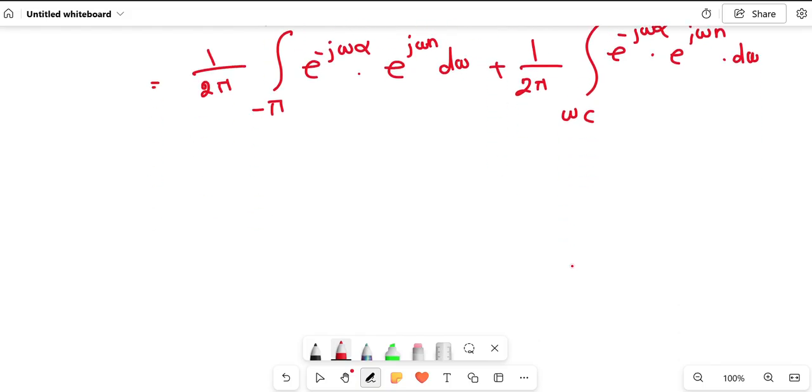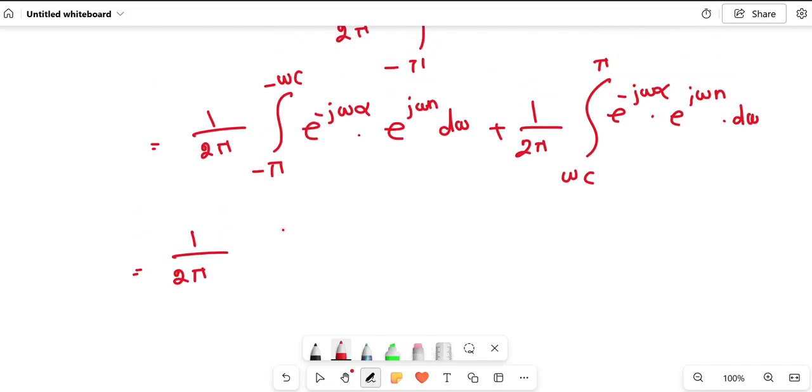Next step, 1 by 2 pi. The first one has limits minus pi to minus omega c.